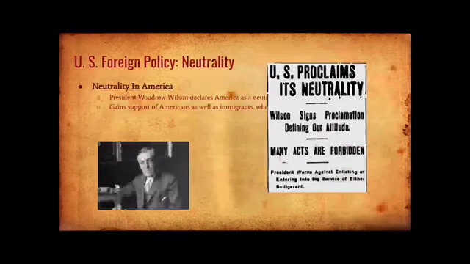So he did this in an effort to protect America in the war, and he definitely did not realize how difficult it would be. But by doing this, he gained the support of many Americans because making America a neutral country was not the first time it had ever happened. This is something that Washington and Jefferson also did. So a lot of Americans supported that in the sense that it was part of history.